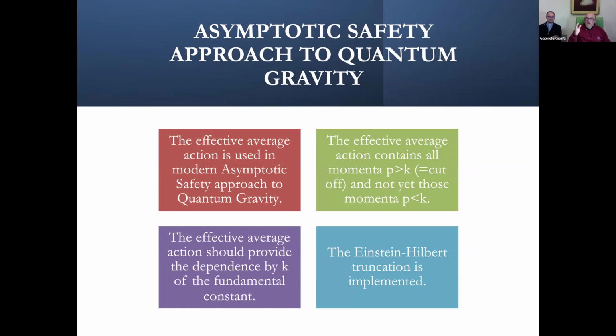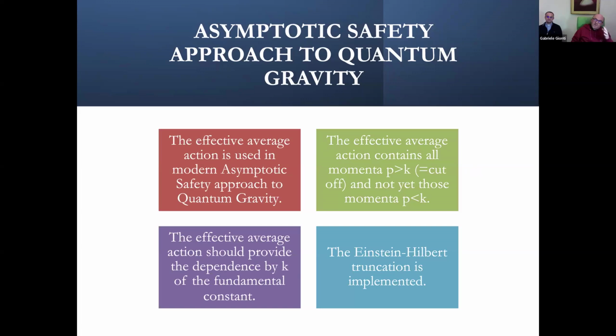This effective average action contains all the modes for p bigger than the cutoff k, and not yet the modes for p less than k. The effective average action should provide the dependence of k on the fundamental constants. So the cutoff should depend on the fundamental constants.